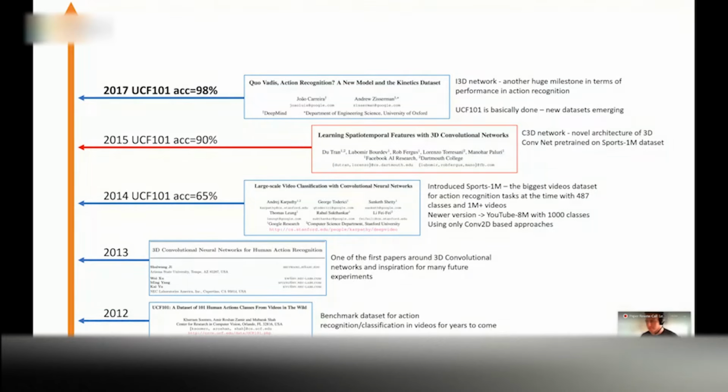And they used a network called i3D, which, in principle, instead of creating a new conv3D architecture, took the ImageNet one and basically inflated the kernels, the filters.